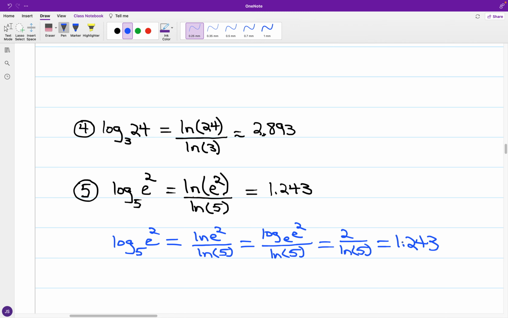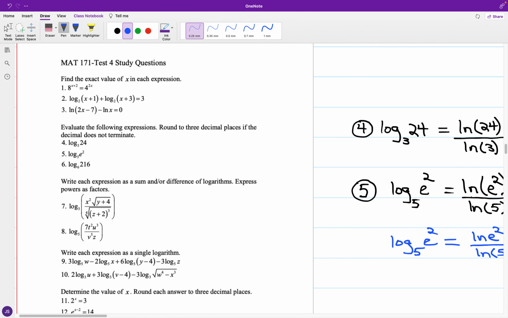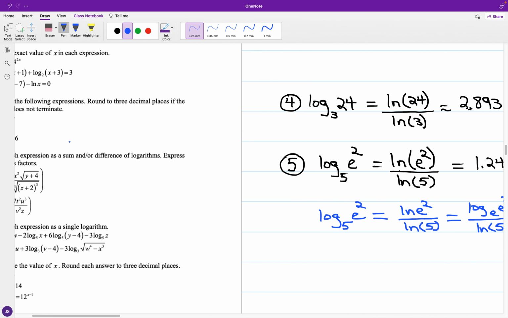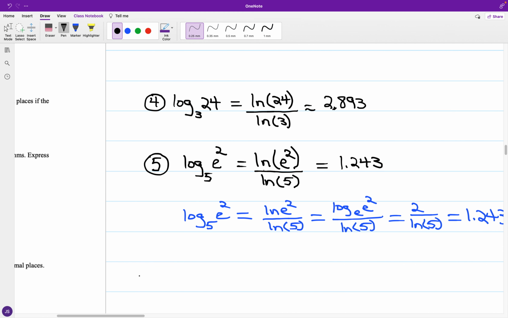All right. Now, for what we have in the case of number 6, now we got a base 6 logarithm of 216. And if you notice, if you catch that 216 is both a multiple and an integer power of 6, you can write 216 in terms of base 6.